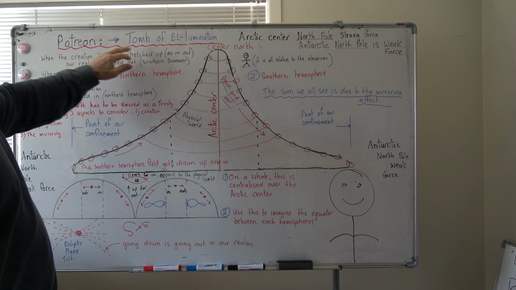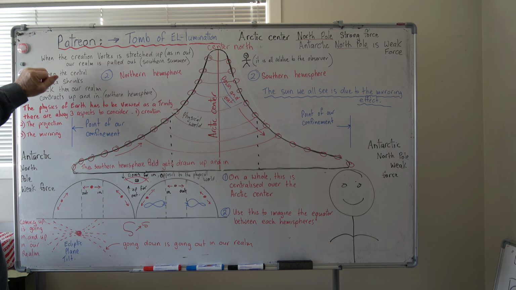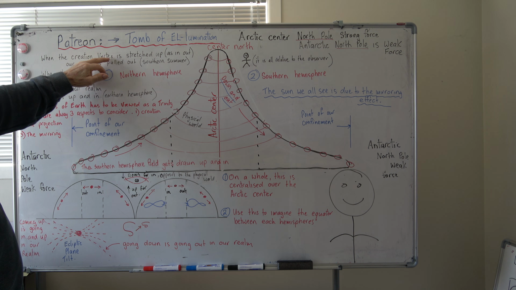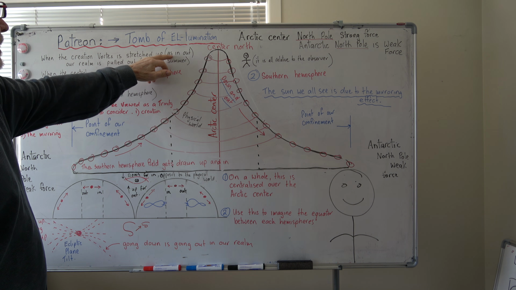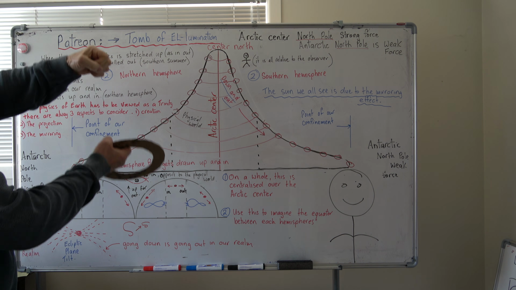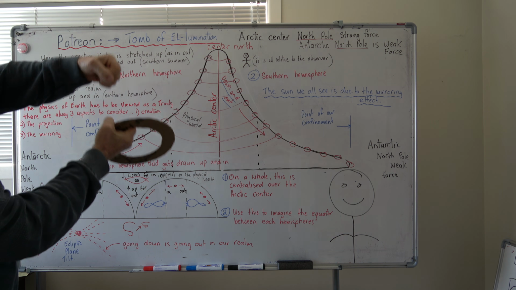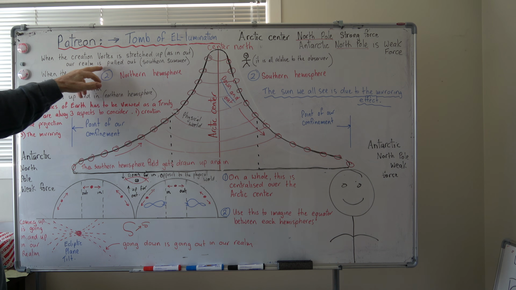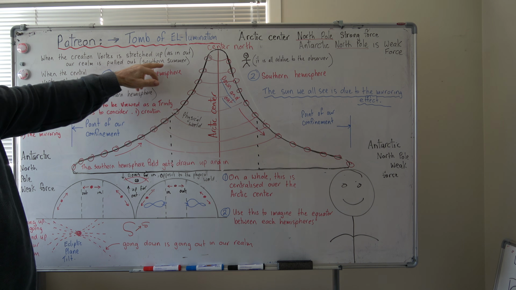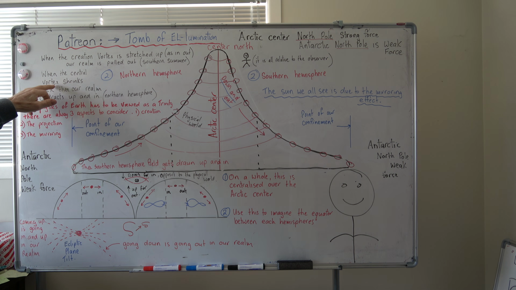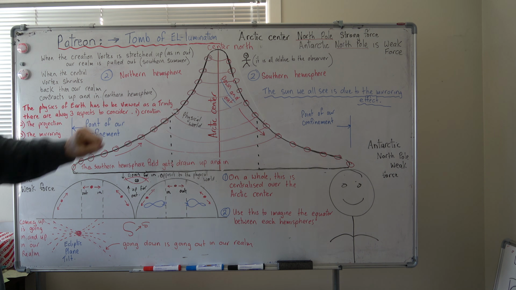When the creation vortex is stretched up and out, like a heart, when you unwind a heart, it actually comes up to spiral. Our realm is pulled out, southern hemisphere. When the central vortex shrinks back, then our realm contracts up and in, northern hemisphere.